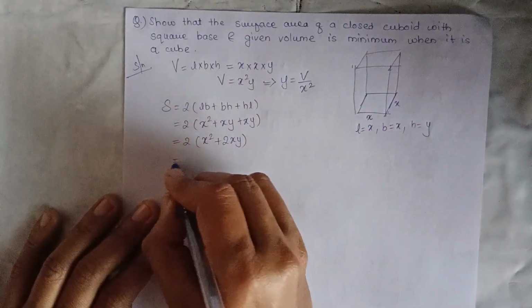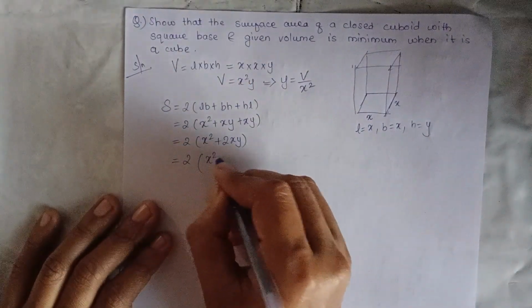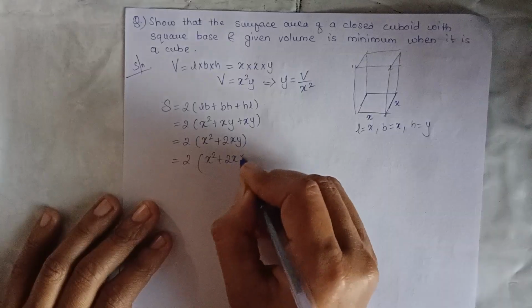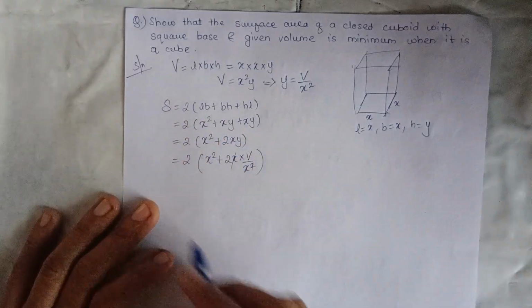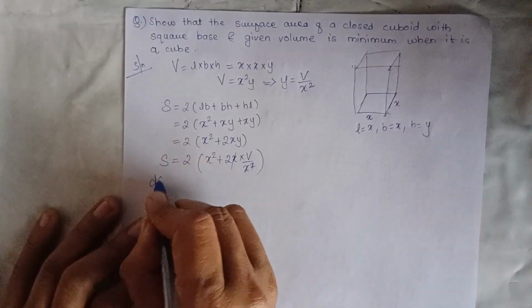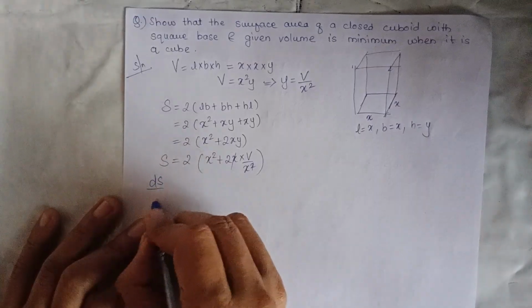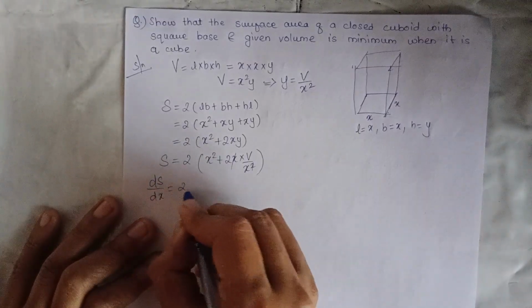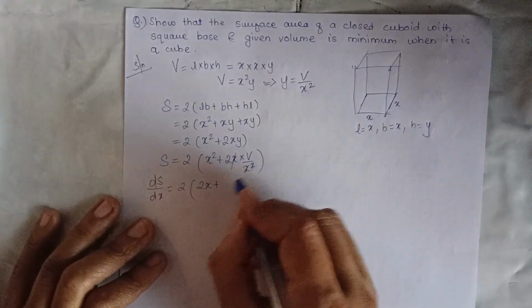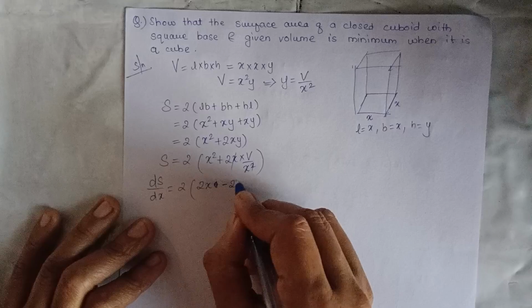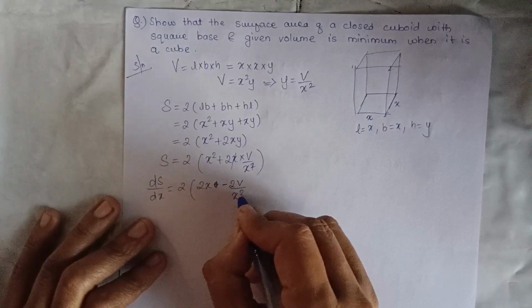Okay, so substitute it in this. Now differentiating with respect to x, this becomes minus 2v upon x square plus 4x.